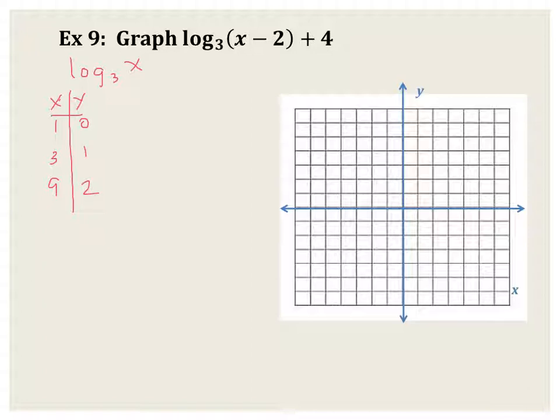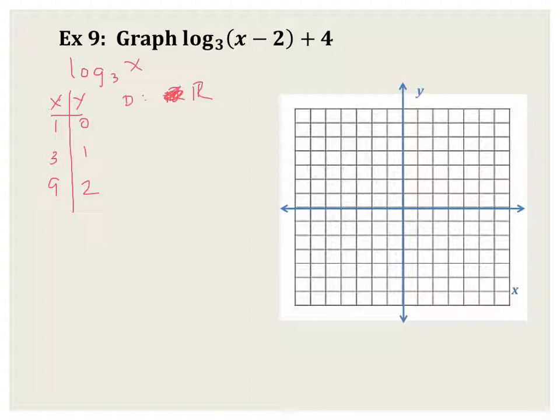So our domain here is all real numbers, and our range, actually our domain is not all real numbers. Let's switch that. Our domain is, let's see, we can put negatives in.